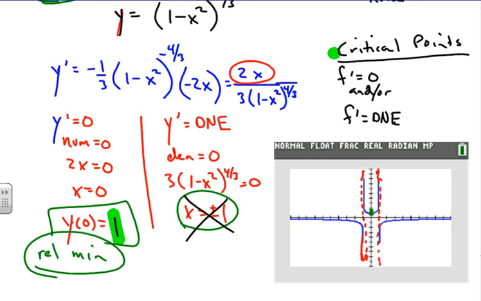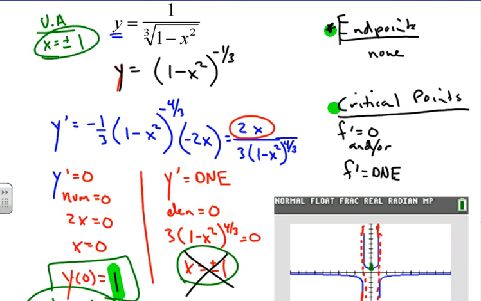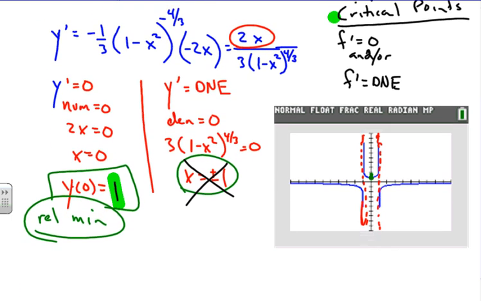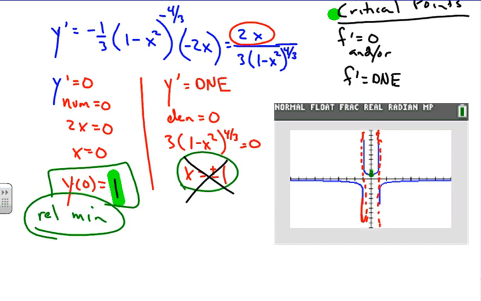They were vertical asymptotes from our original function. Then you can go on your calculator and determine those other values to see where they actually occur and what type they are, whether relative min or max or anything. And that's how we go about finding extreme values for right now.